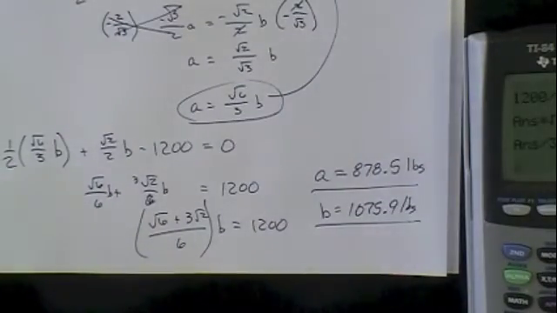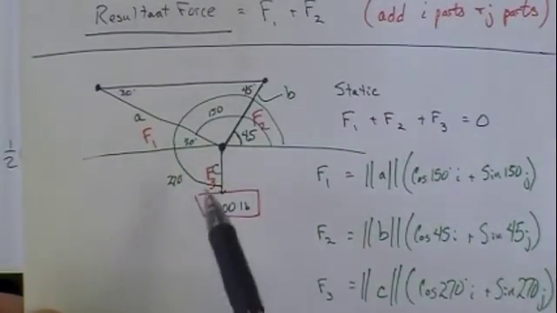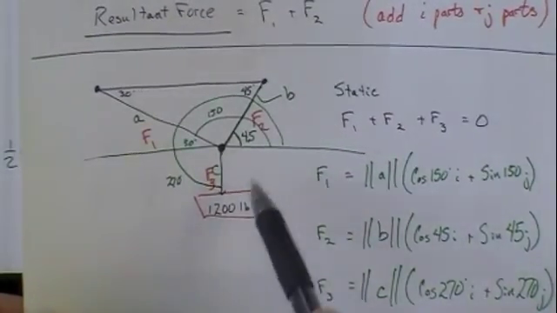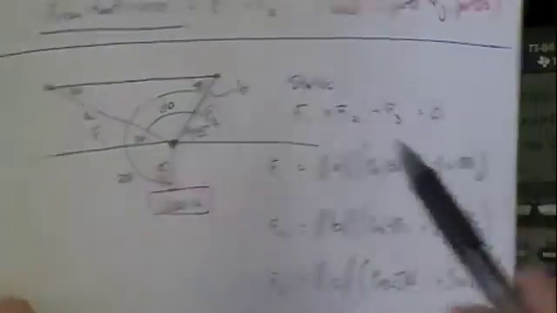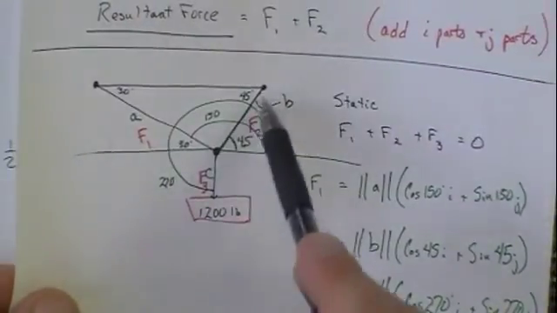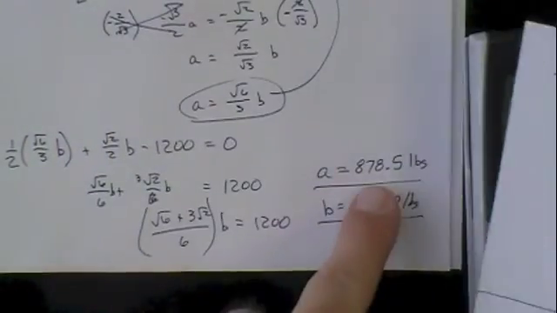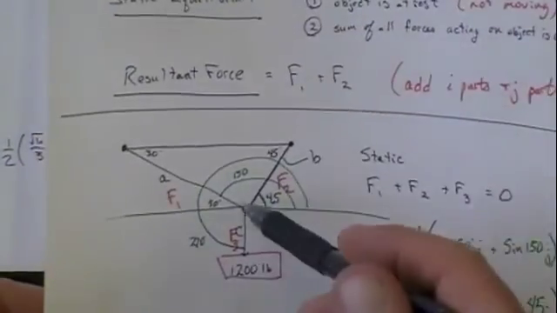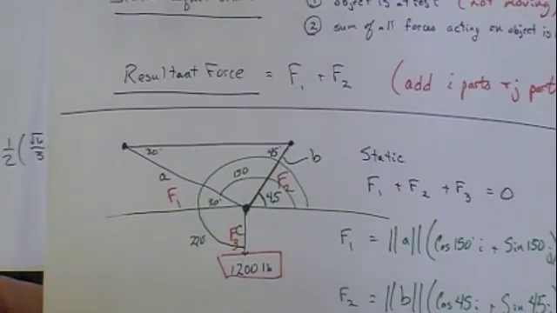And so going back to the first part of the problem, we already knew that force 3 was 1,200 pounds this way. We just solved and found that force 2 was 1,075.9 pounds here. And then on force 1, we have 878.5 pounds this way.